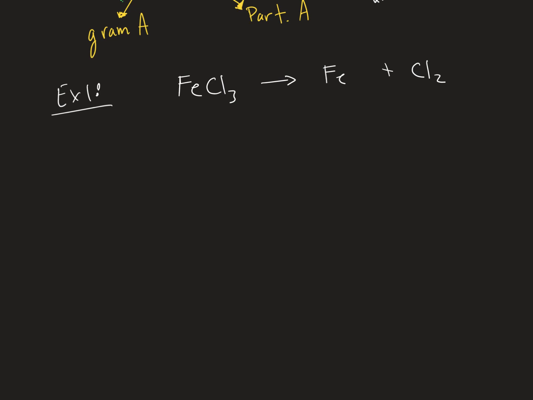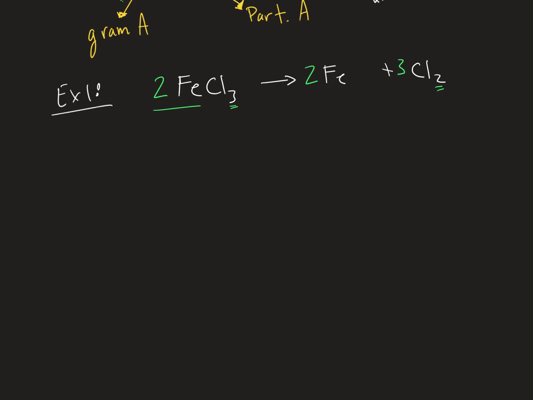What goes in front of FeCl3? 2, because there's 3 here and 2 over here. We use least common multiple. Since we have 2 in front of the iron, so we better have a 2 in front of that iron. We good? Okay, now the problem, we'll say in words, we have 13.5 moles of FeCl3.